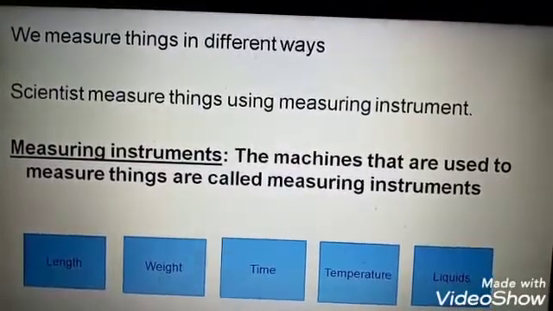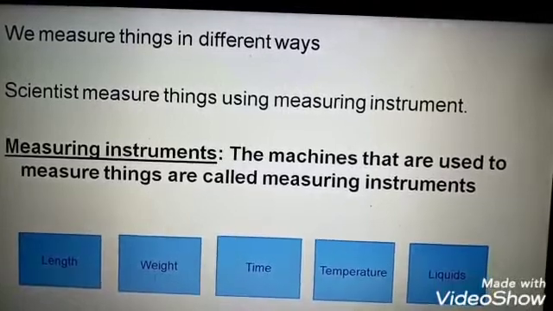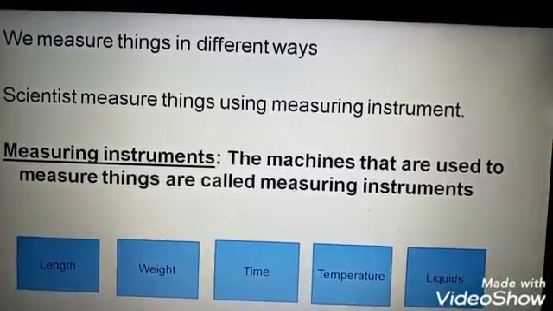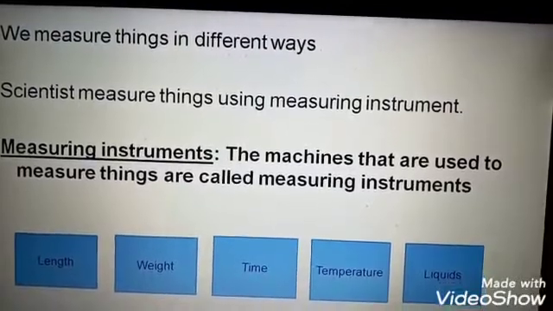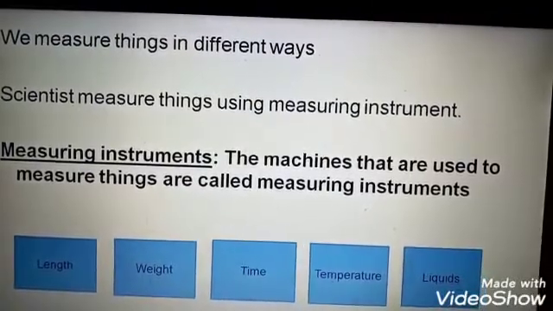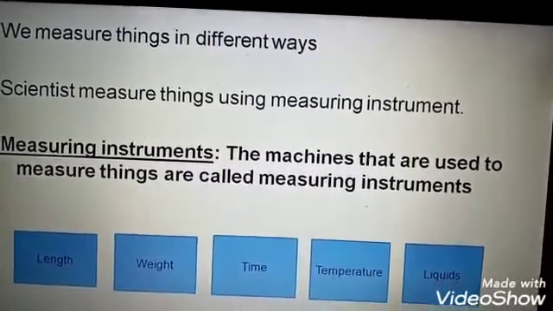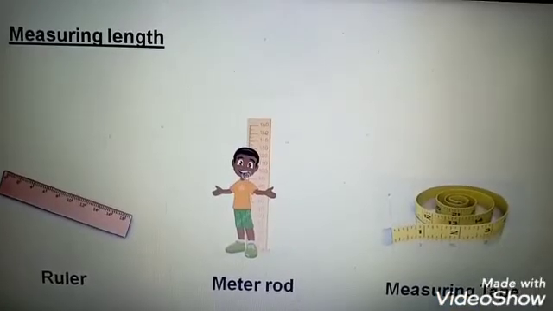In this unit, we will learn how we can measure the length, weight, time, temperature and liquids of different things. Measuring length.